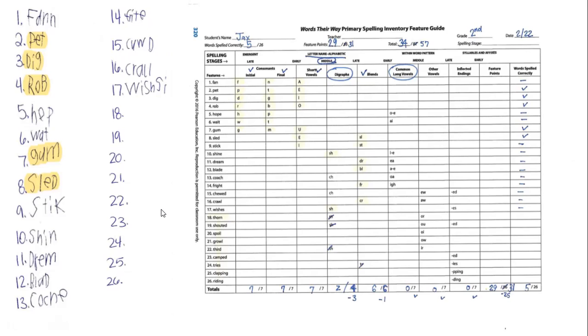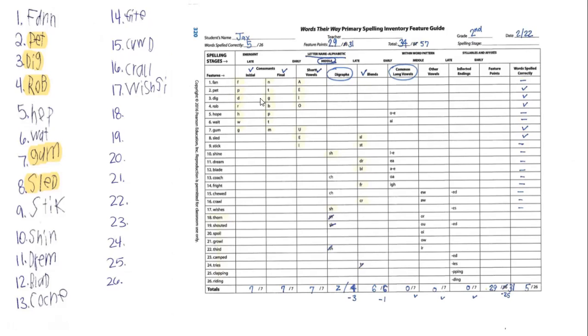And so that's the first bit of analysis. The second piece is going over to the end to show how many words were spelled correctly out of all of the words he attempted. As we had just seen in the previous slide, there were 5 words that are completely correct. So 5 check marks, 5 out of 26 words, but 17 we know is how many he attempted.